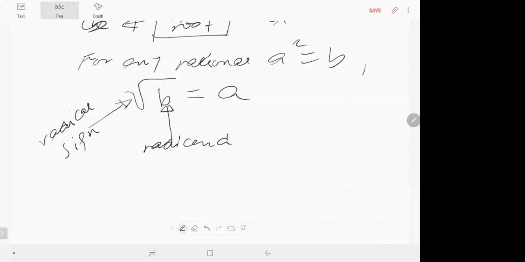So for any two rational numbers a and b that satisfy the condition a square is equal to b, we can say the square root of b is equal to a. When any number is expressed in this way, this symbol is a radical sign, and the number written under the radical sign is called the radicand.